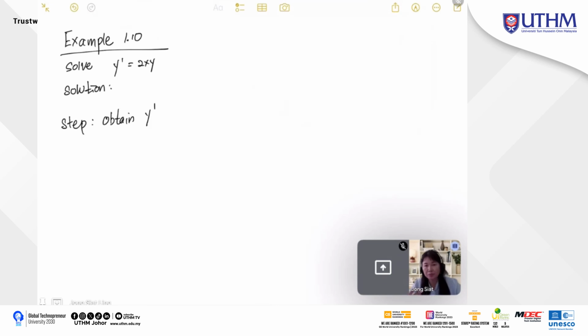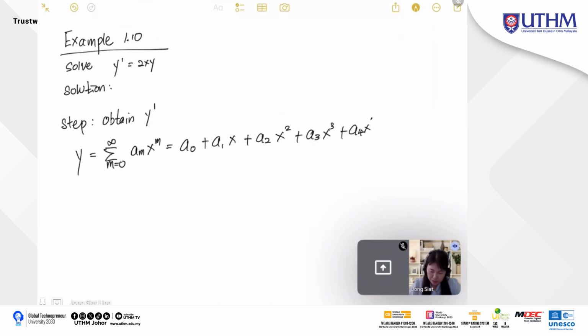So what is the y? y equals the summation from m equal to 0 to infinity of a_m x^m, equal to a0 plus a1 x plus a2 x^2 plus a3 x^3 plus a4 x^4 and so on. This y is already mentioned in the power series formula.